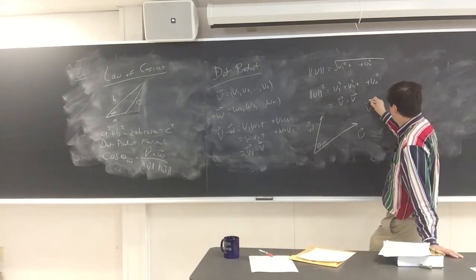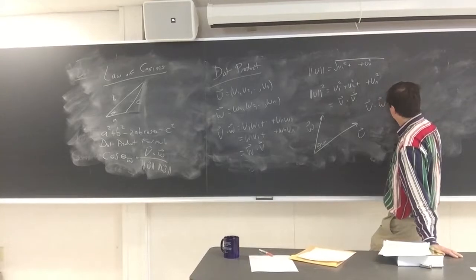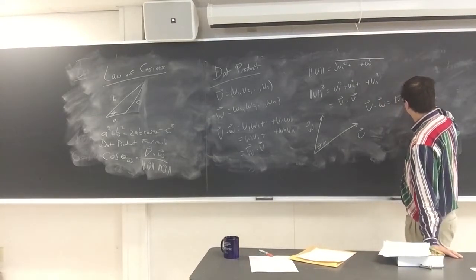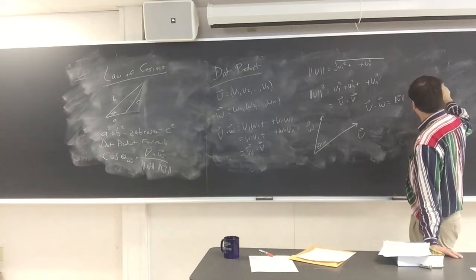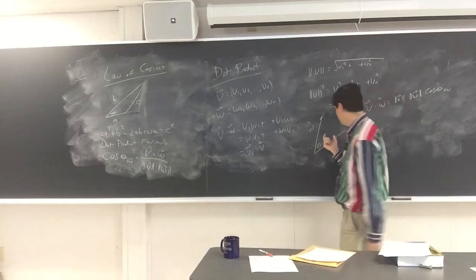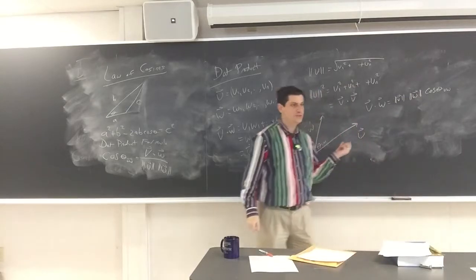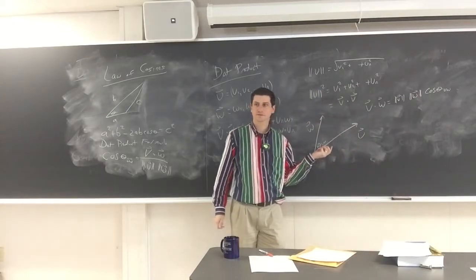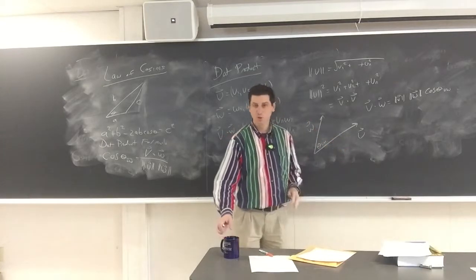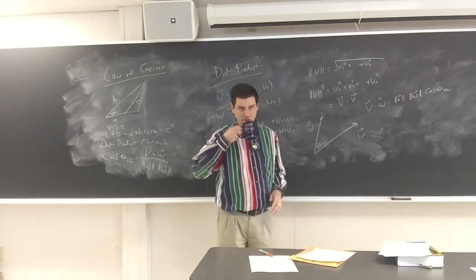And we're getting v dot w is equal to the length of v, the length of w, the cosine of the angle between them. If I were to switch the order of v and w, what would that do to the angle? If I now would call this one v and this one w, what would be true about the angle? How would it change?